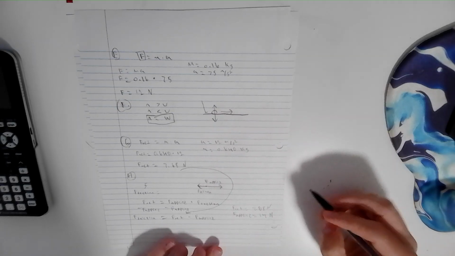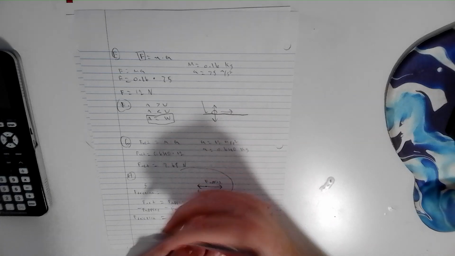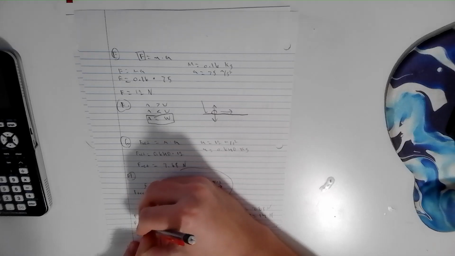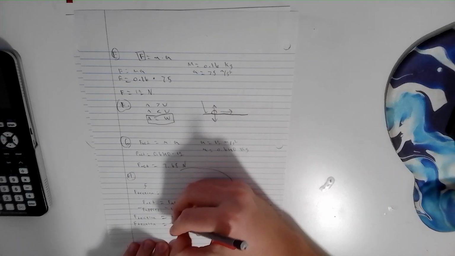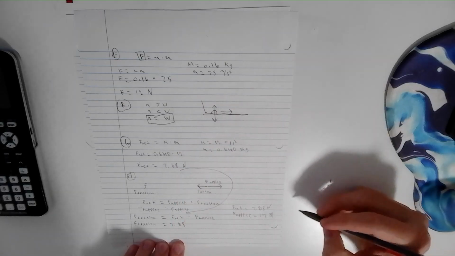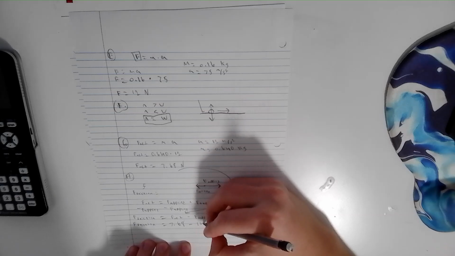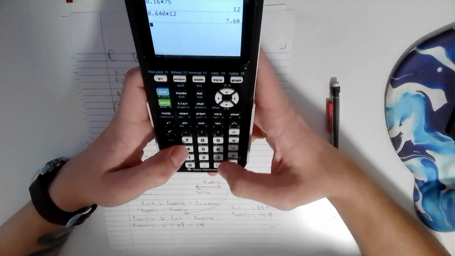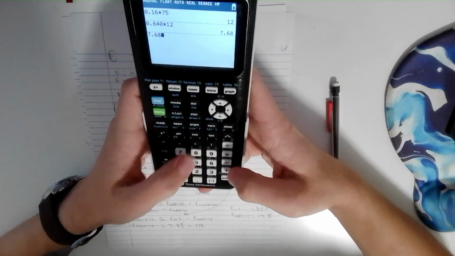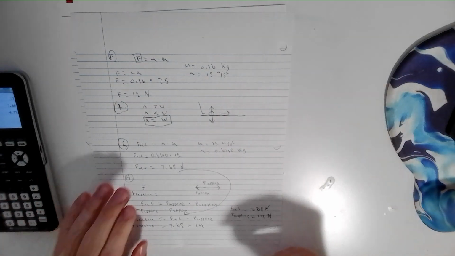So F friction equals F net, so 7.68, minus applied, so minus the 14. We just do that, 7.68 minus 14, and that gives us negative 6.32.